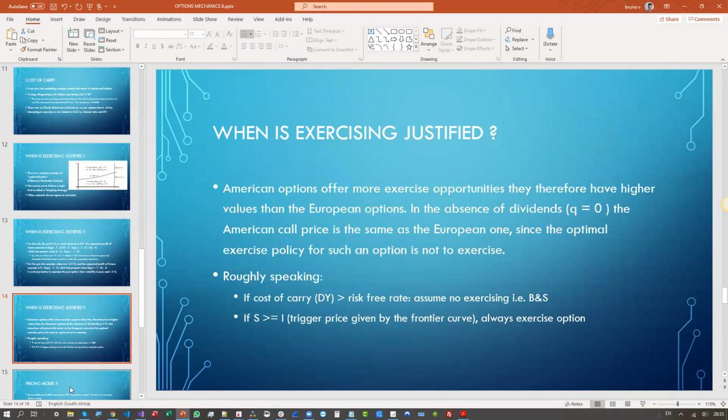So if the underlying is way above what is called in the literature the trigger price, given by the frontier curve I showed a bit earlier, then you should always exercise the option.